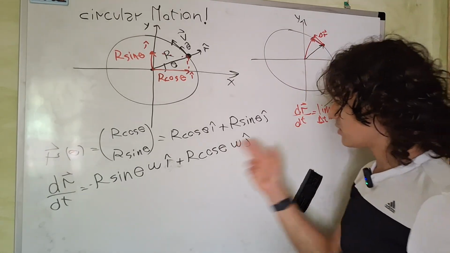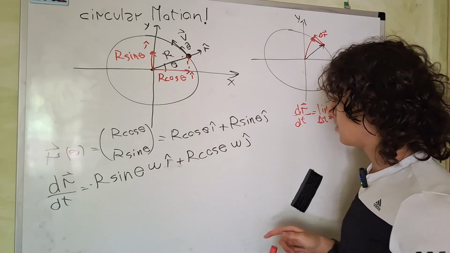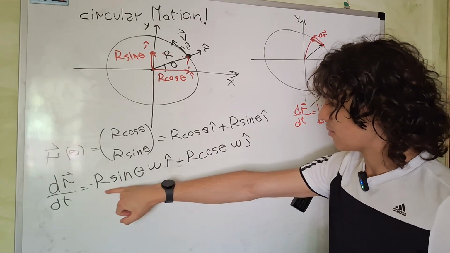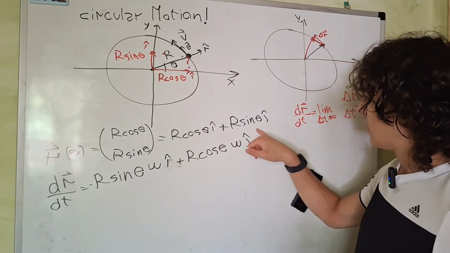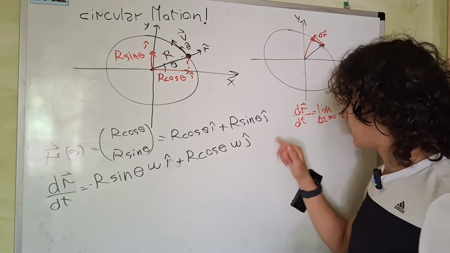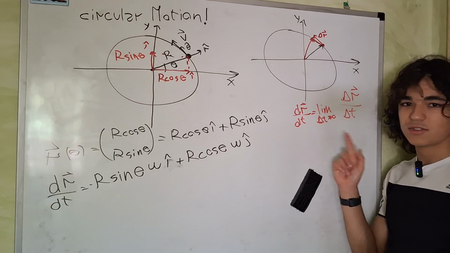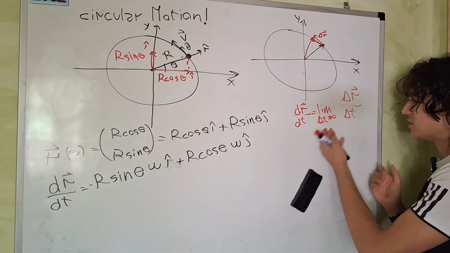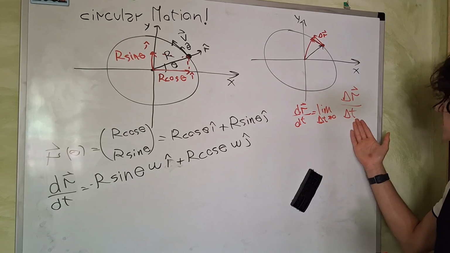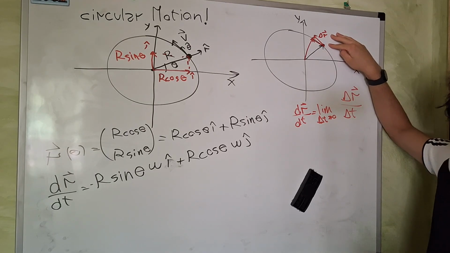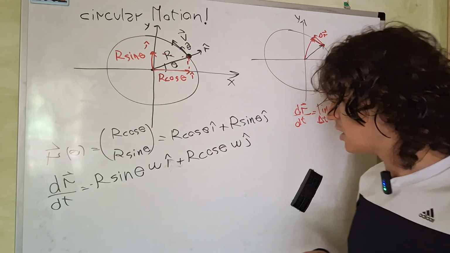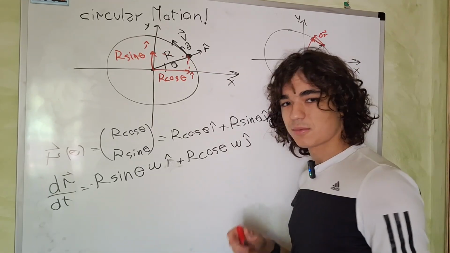And we can see that from the coordinates here, because if we have r cosine theta here, we have a minus r sine theta, r cosine theta. I think it's easier to see it from this, because this is the definition of velocity.